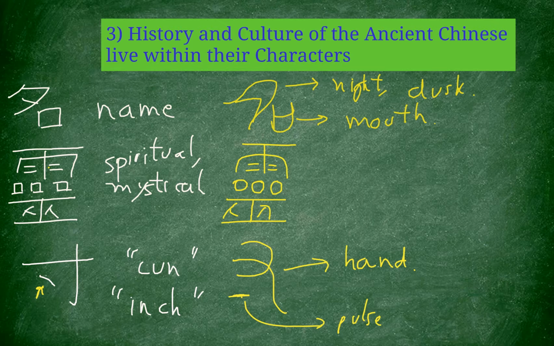Hence the word inch, because their measurement for an inch was 1 tsun before they touched the hand. So the Chinese doctor will place their hands on your pulse, which will be 1 inch away from your hand. So that's where the primitive character came from. Very interesting, right?